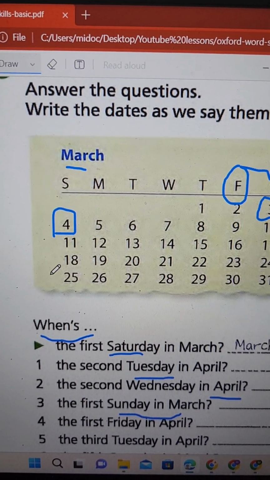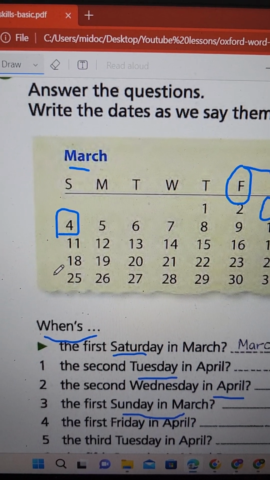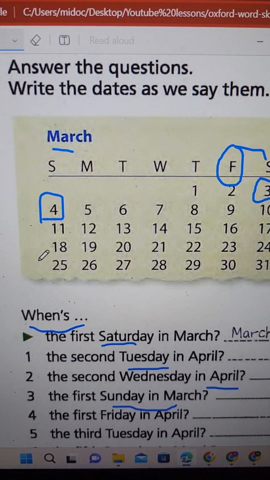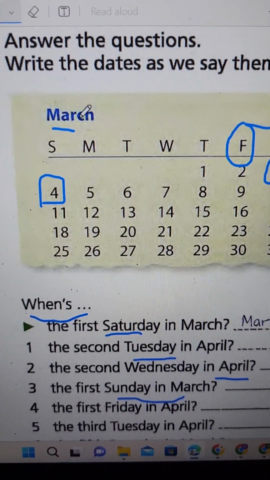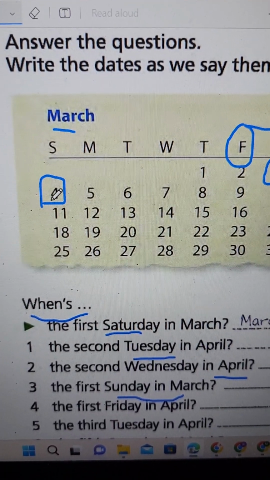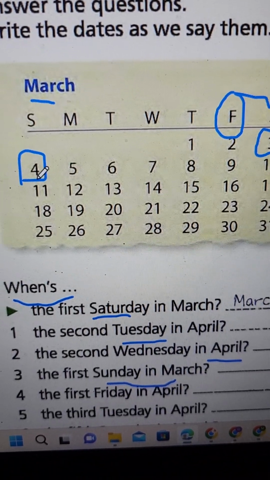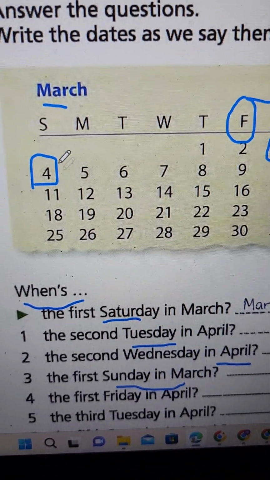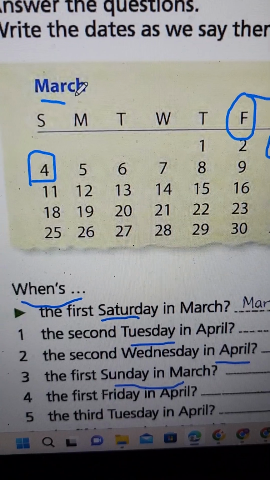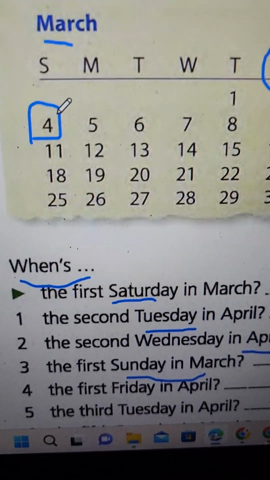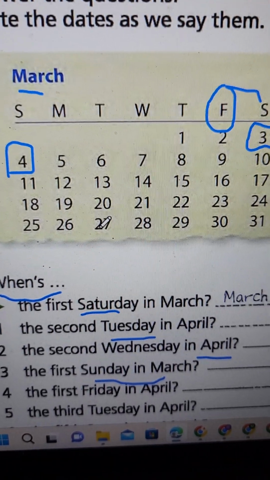Who can say it? Yes, March the 4th. Or the 4th of March. That's right.